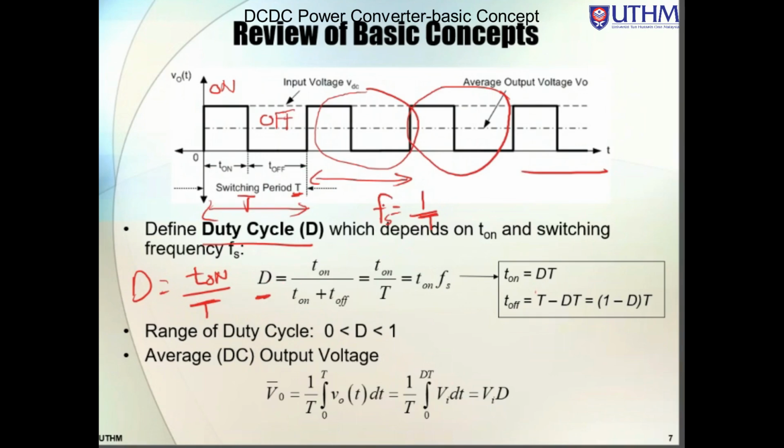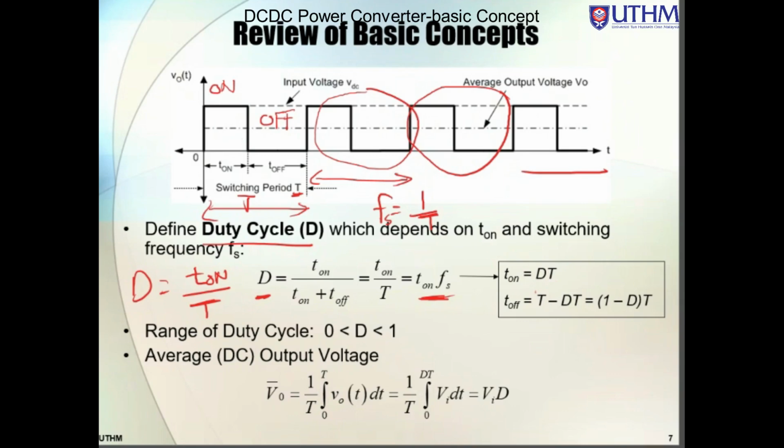Or, we can replace T with Fs, and that's how we get T on times Fs. From this, we can say that T on is the duty cycle D times the switching period T, and D is given in percentage or as a fraction.